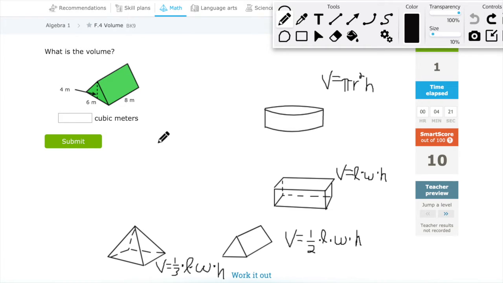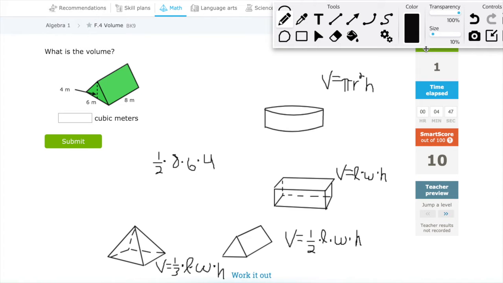In my head, I would think of it probably as 1/2, and then let's say times the length, I would probably think as this, so 8. The width I would probably think of as this 6. And then the height I would probably think of this dotted line as 4. Again, if you put it in the opposite way, it's fine.